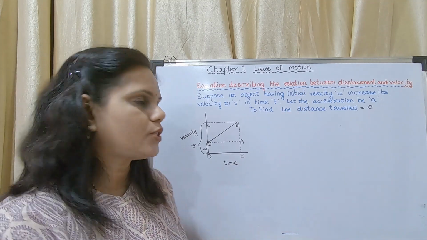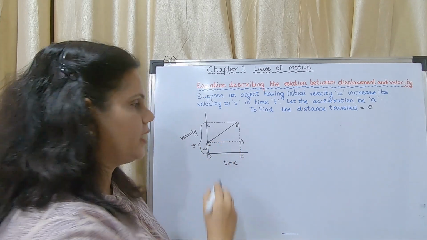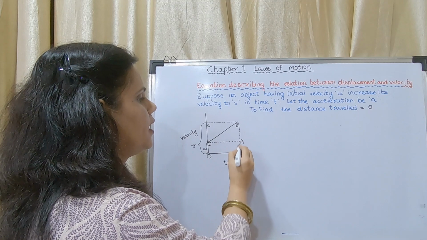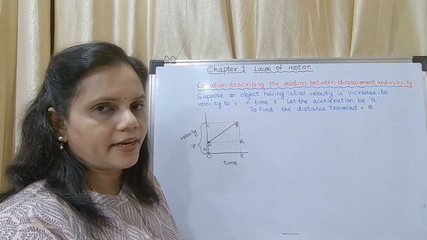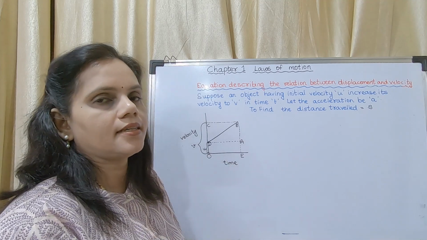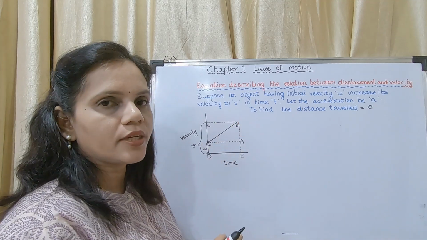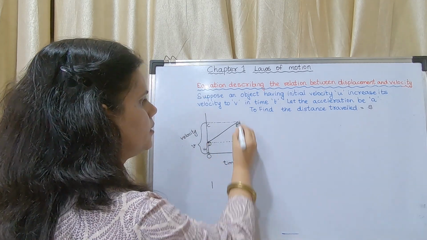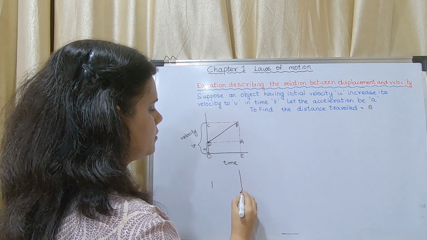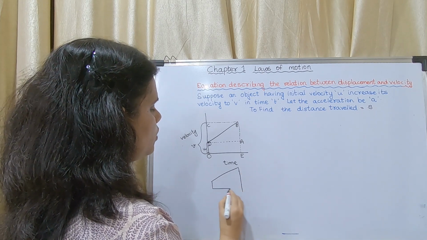In the second equation, we divided this into two parts, one triangle and one rectangle. In this equation, we are going to consider it as a whole together. I will take OD here, BE here, and this is DB, and this is OE.